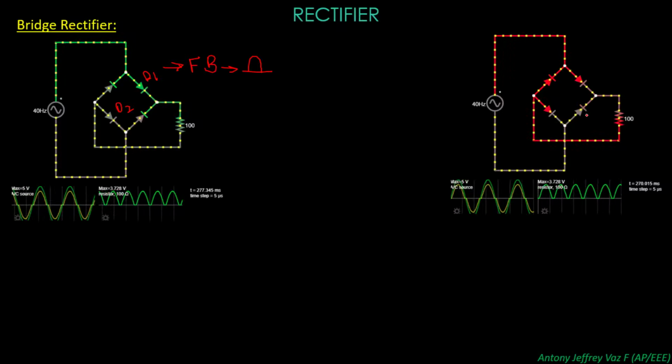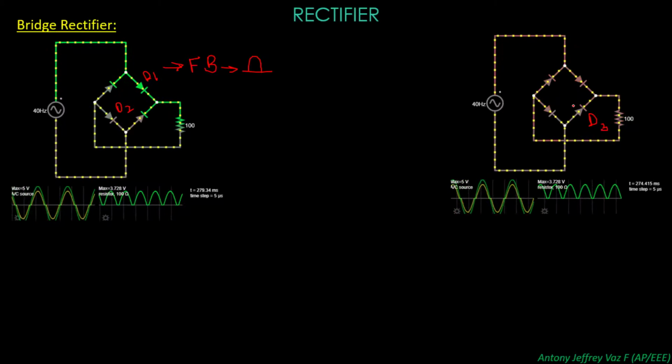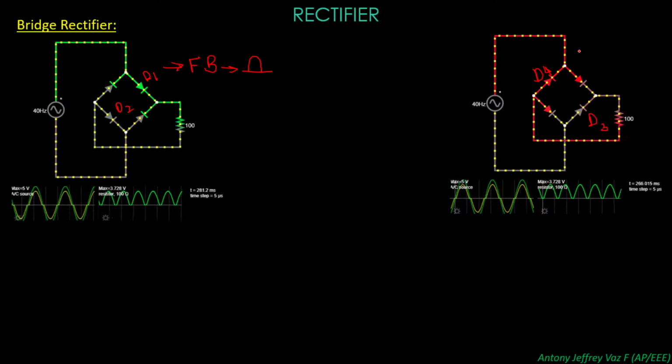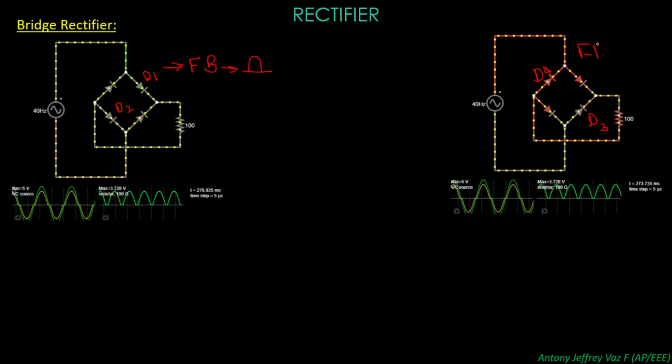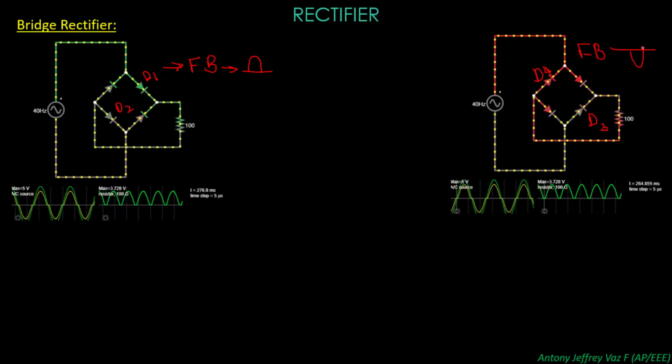In this case you can see the diodes D3 and D4 are in forward bias when the sine wave approaches this end.